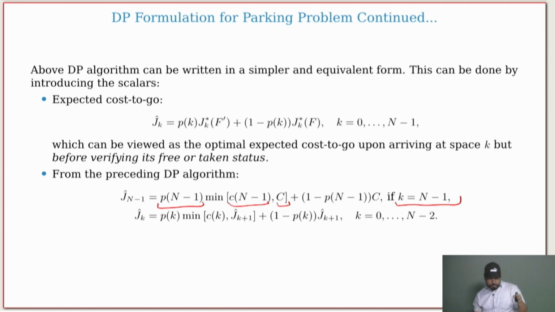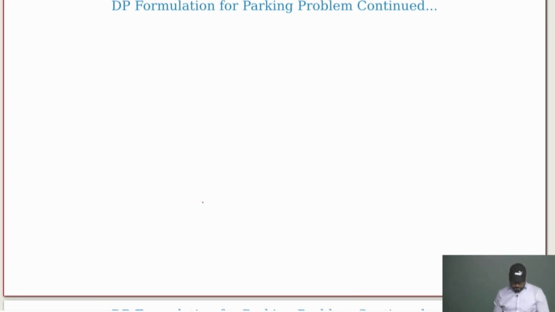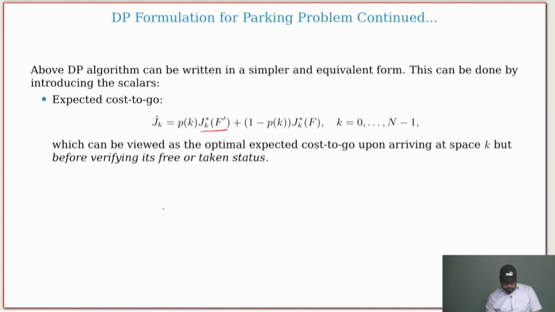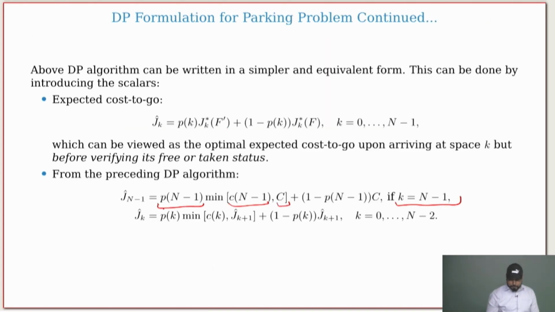So if I knew at n minus 1 whether it's free or not free, and it is free, then I would just compare C n minus 1 and C. If it is not free, then I know that I have to go to the garage with C. However, in this case, without verifying, I don't know whether it's free or not at n minus 1.